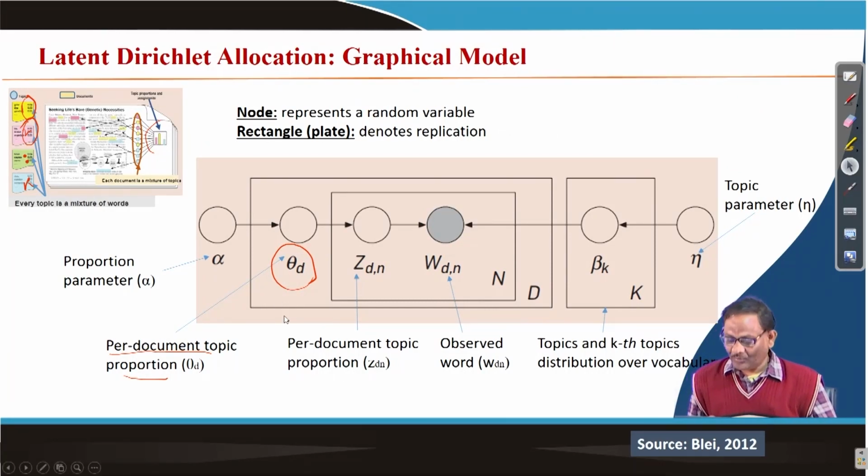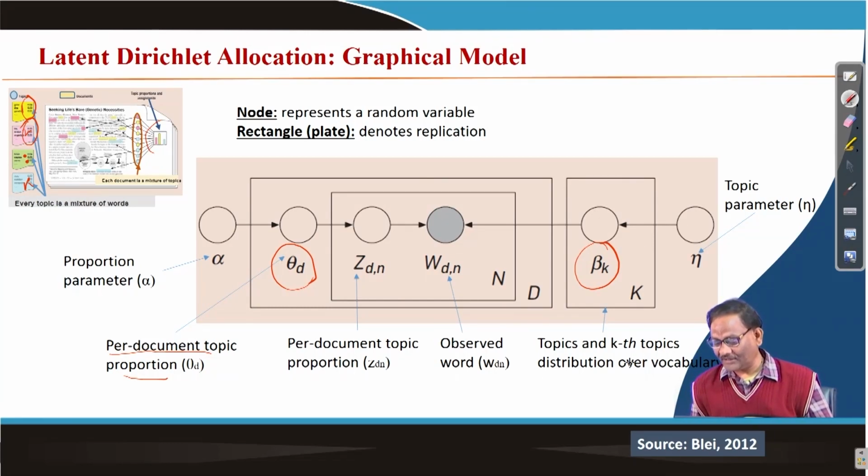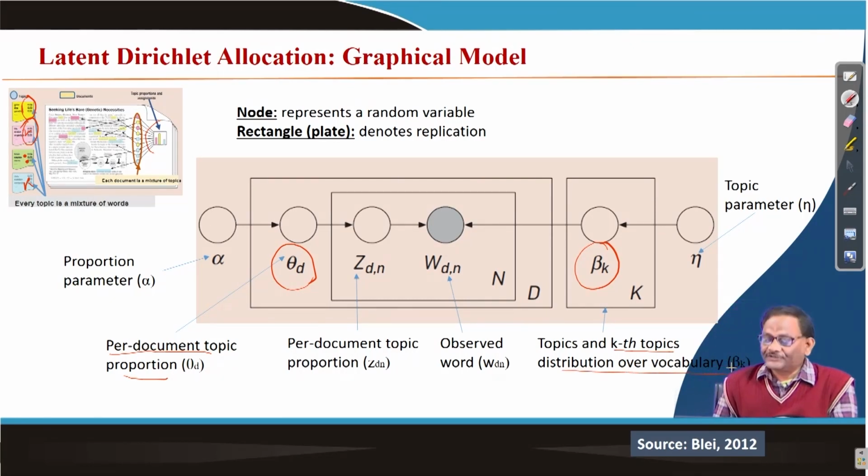Then another one is beta k. There are k number of topics, and beta k is the kth topic distribution over vocabulary. The third one is Z D N, which I have already discussed.